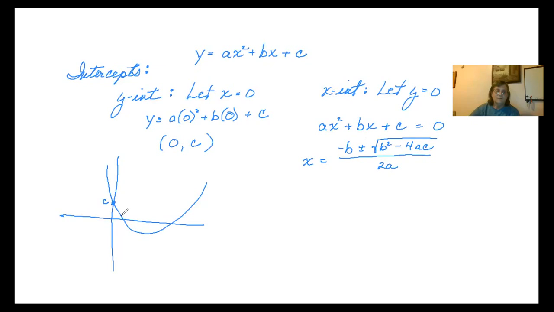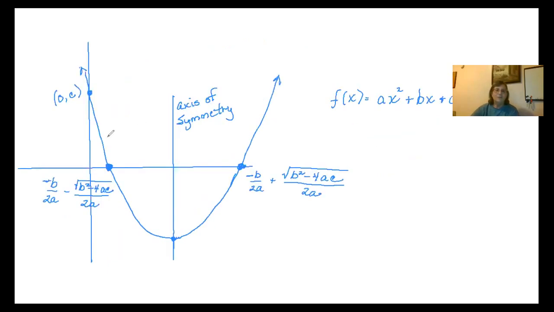These are the two points. One of these points is negative b plus the square root. The other one is negative b minus the square root. And here's your y-intercept, (0, c), and here are your x-intercepts.